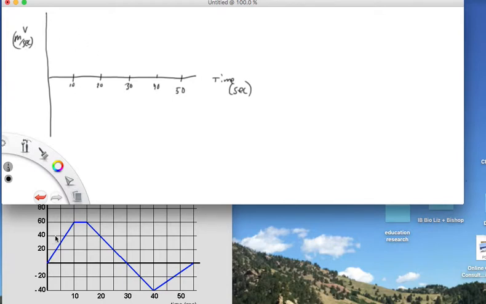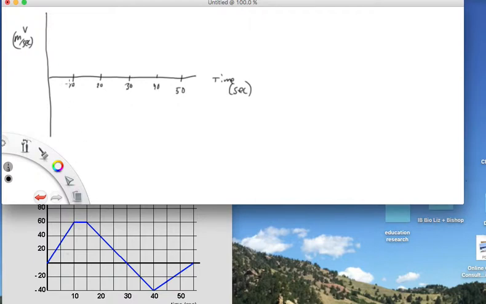Okay, so I know that there's something crucial that happens. Let me just step back. I know that at certain points the position changes. Throughout here the position is changing, and then here it's staying constant. Here the position is changing again. But there are certain points which seem important, because the rate at which this object's moving changes.